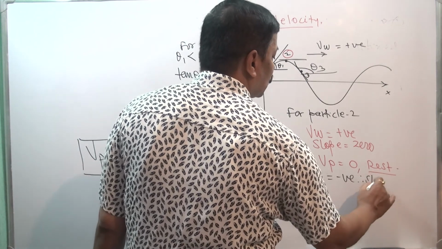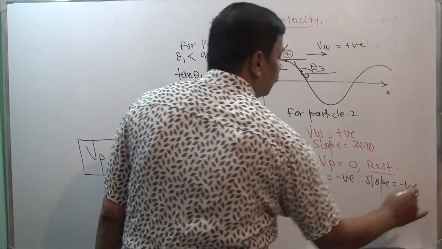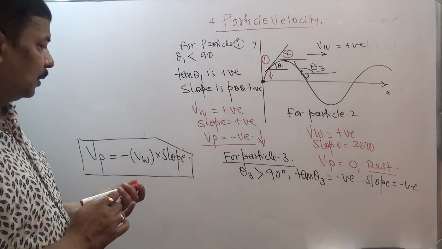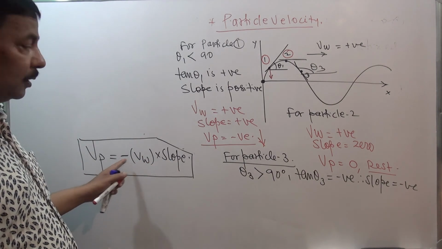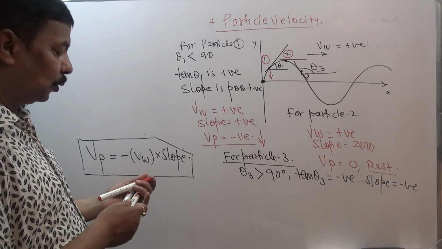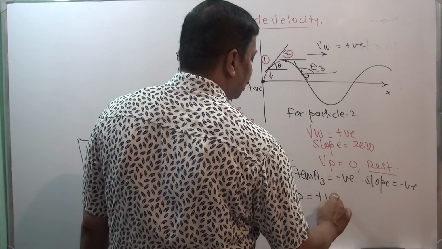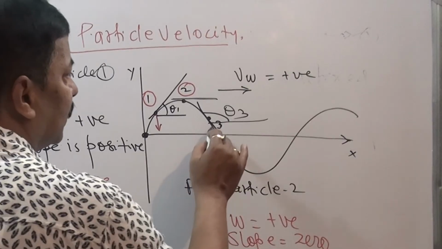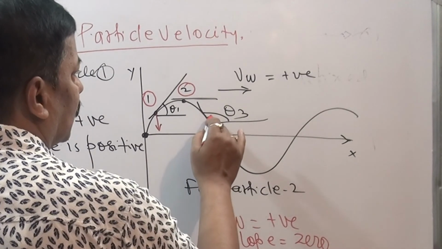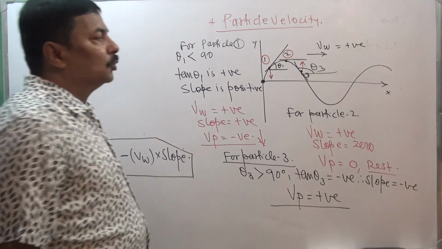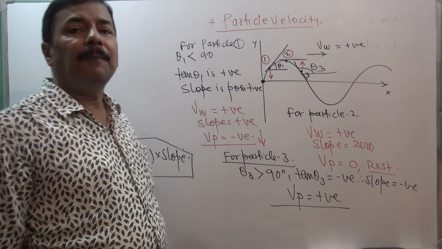So the slope is negative. Slope is negative, this is positive, so the result is negative, negative, positive. So Vp is equal to positive, and positive gives the direction that it is moving upward.